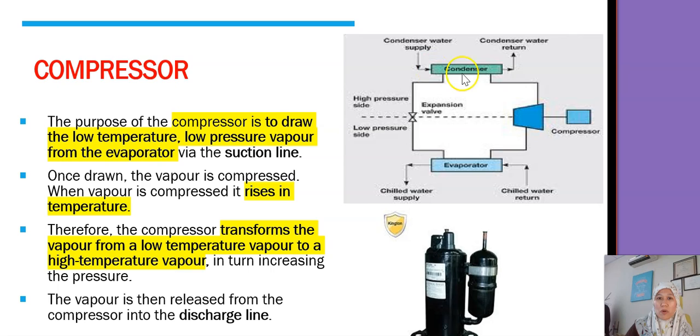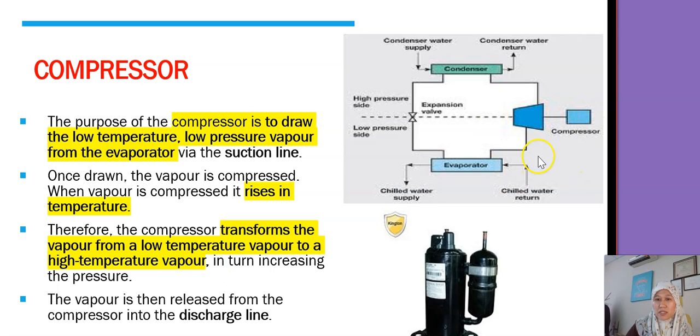Next we talk about the compressor. The compressor draws the low temperature vapor from the evaporator into the suction line. Since it's at low pressure, it has to suck all the vapor refrigerant into the compressor. And then what happens inside the compressor is the temperature goes up. It transforms the vapor from low temperature to high temperature.